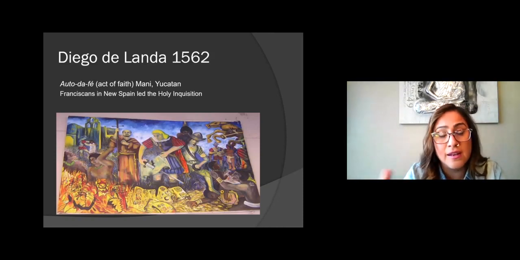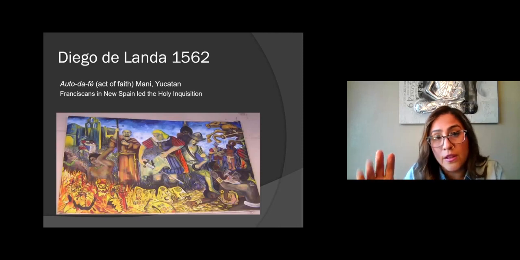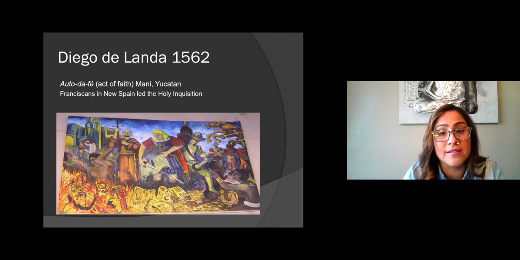a Franciscan that was sent to this area of New Spain, Mexico, he specialized in the area of the Yucatan Peninsula, and he learned the Mayan language. He lived among the Mayas with this idea of conversion, of saving them as being sinners and so forth.